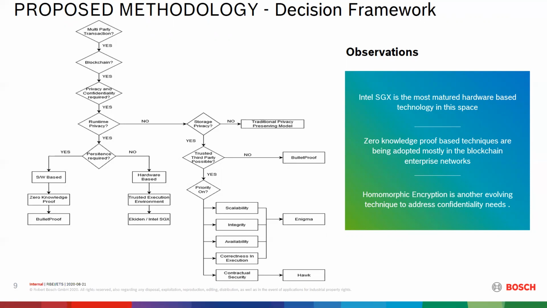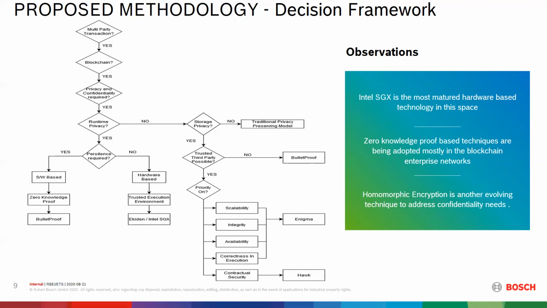If it is a yes, then this is the exact place that you have to come in and find the best solution to bring in privacy and confidentiality. Now, again, do you need runtime privacy or storage privacy? If both the privacies are not required, you can go for traditional privacy preserving model.